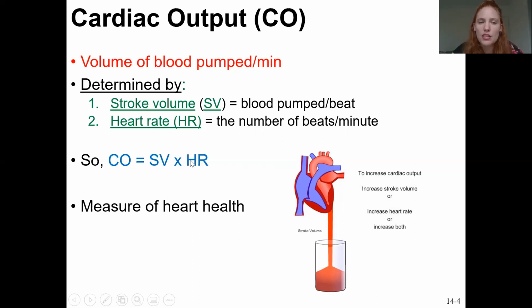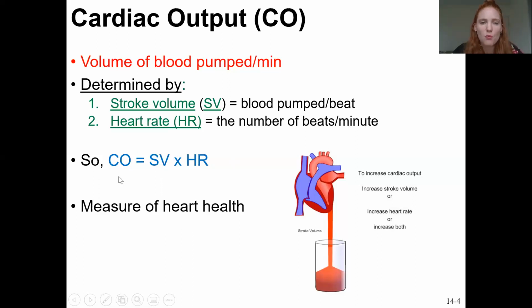So if you put these together, you have the volume per beat, and then you have the beats per minute. If you multiply them together, that's going to get rid of the beat part of the unit, and what you're left with is going to be the volume, usually milliliters or liters, per minute.